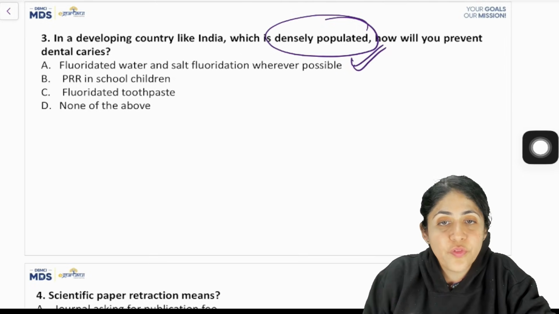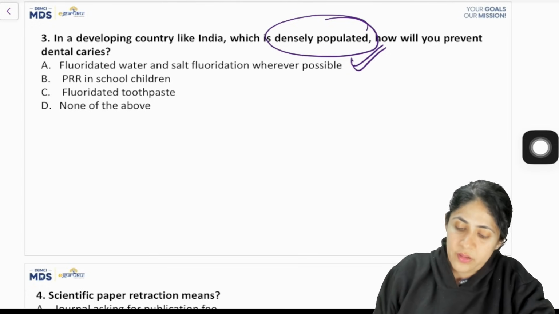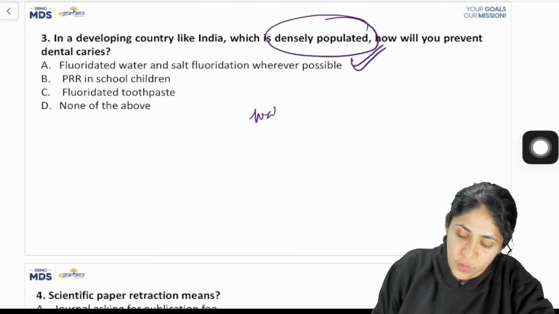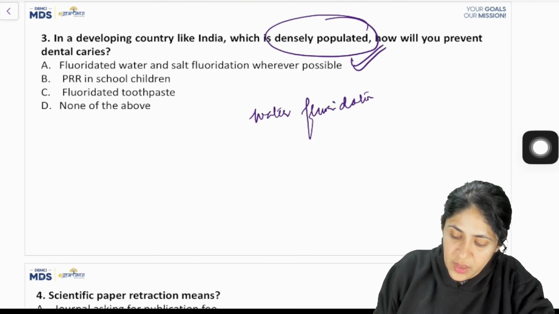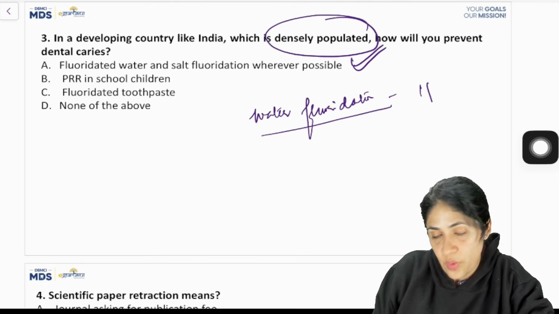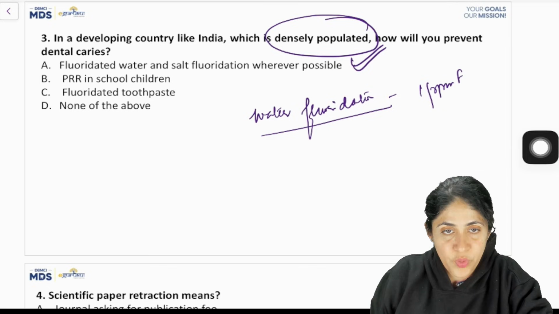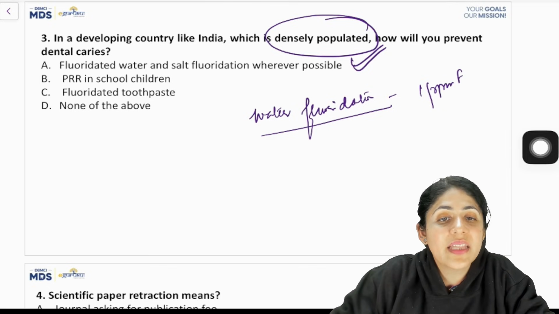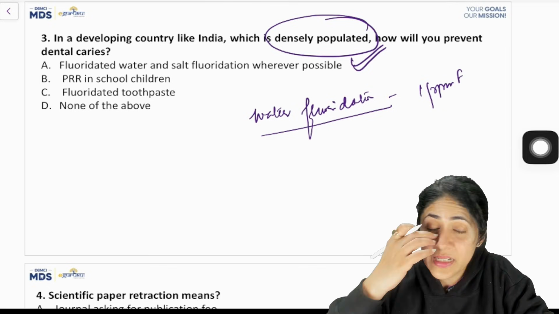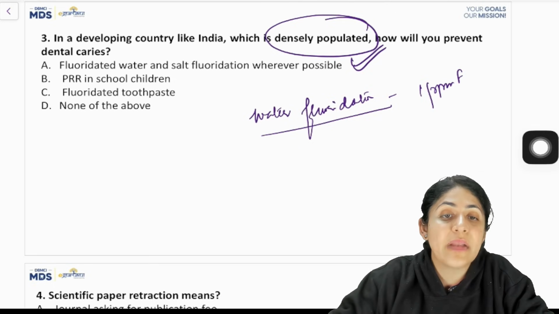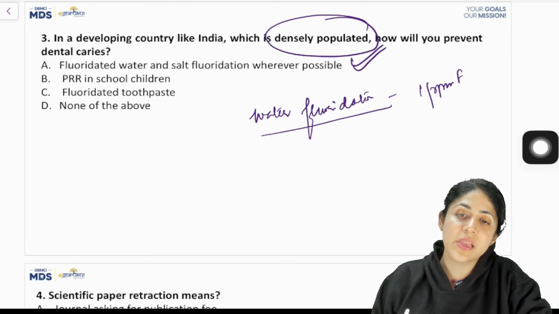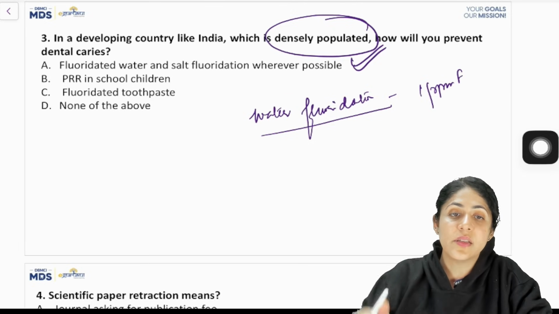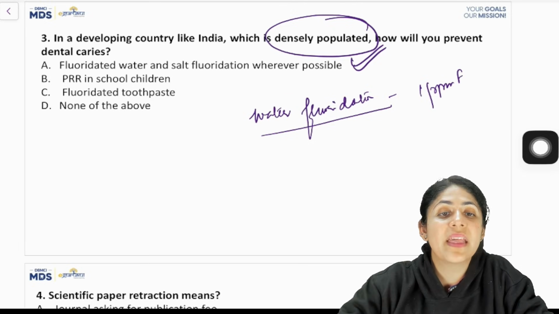For water fluoridation to be effective, if the drinking water contains 1 ppm of fluoride, it has a marked caries preventive action, and controlled fluoridation of water is a practice. If you administer fluoridated water, that is a very practical and effective public health measure.